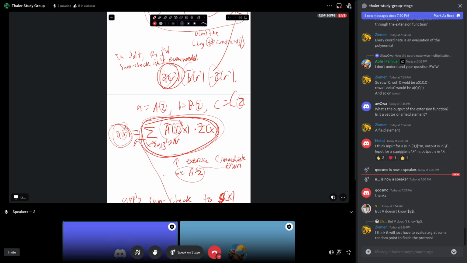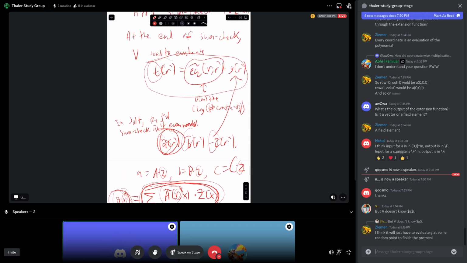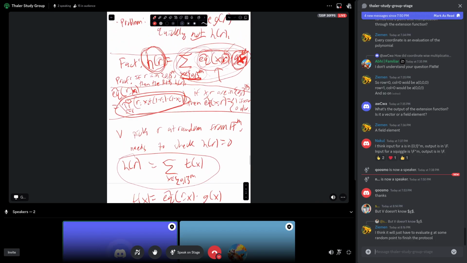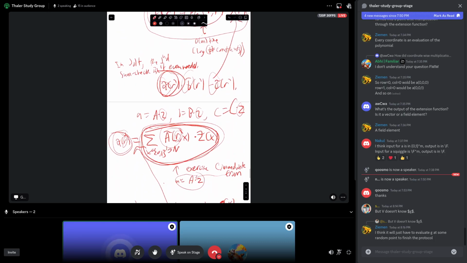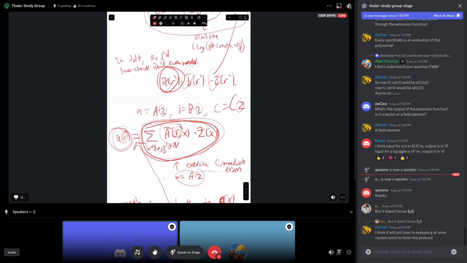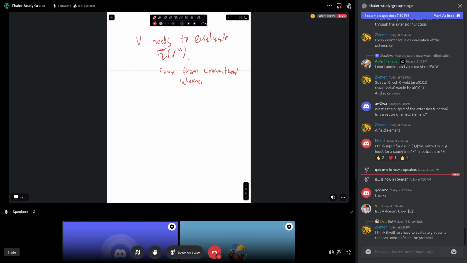It arises because in Jolt, these matrices, capital A, capital B, and capital C, are so simple that you can check these equalities hyper quickly without a second sum check. Anyway.